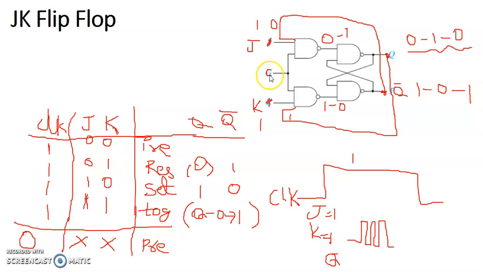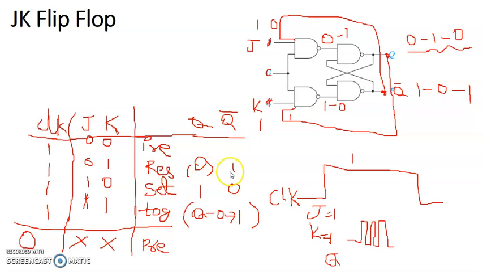Whenever the clock input is 0, irrespective of the J and K input, it retains the previous state. When the clock input is 1, based on the J and K input, we'll get different output values. Now, the clock is 1, J and K is 0, 0, then it is the previous state. Clock is 1, J is 0, K is 1, it is reset.